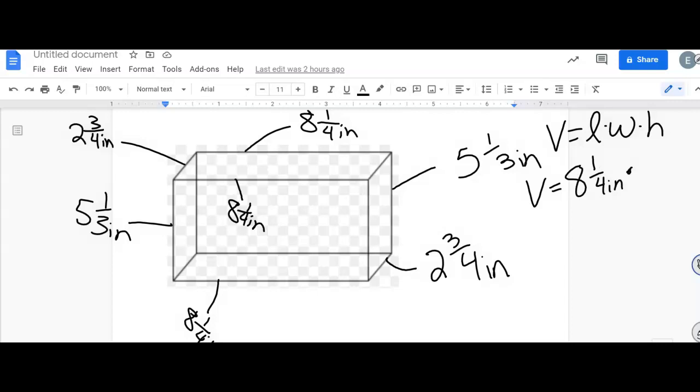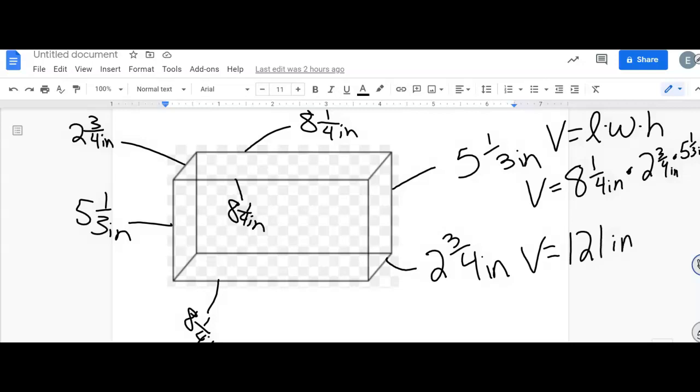What is the width of this? Samantha? Times 2 3/4 inches. And then the height is what? Emery? Times 5 1/3 inches. When we multiply those 3 together, what do we get? Sydney? 121 inches.